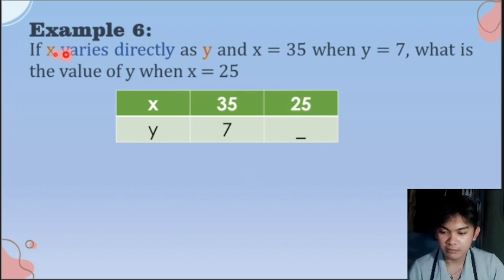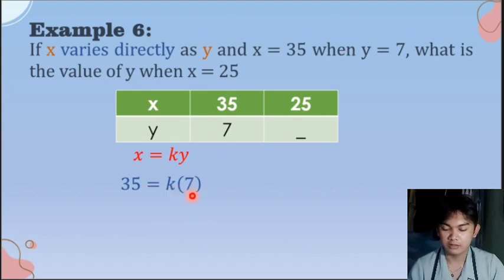From this statement, x varies directly as y, we can have the equation x is equal to ky. The value of x is 35 and the value for y is 7. So we will have 35 is equal to k times 7. To get the value of k, we will divide both sides by 7.